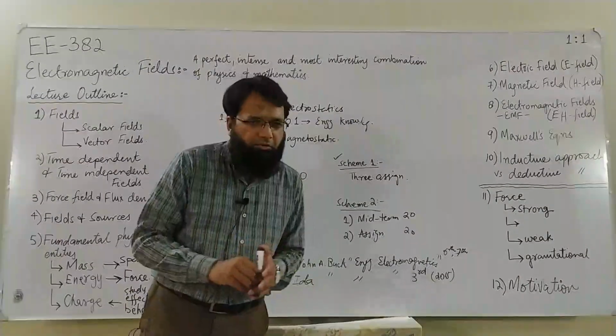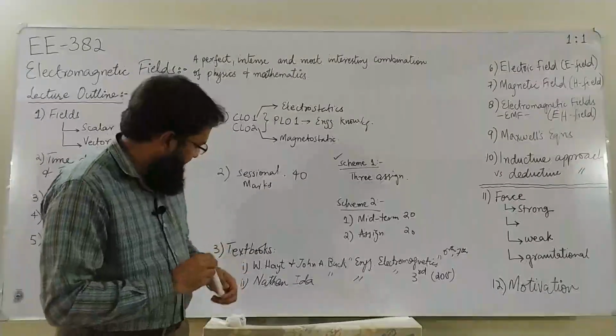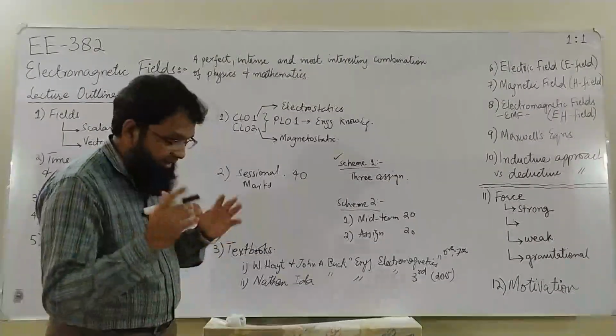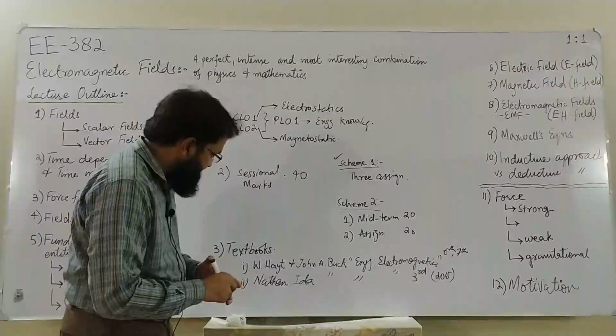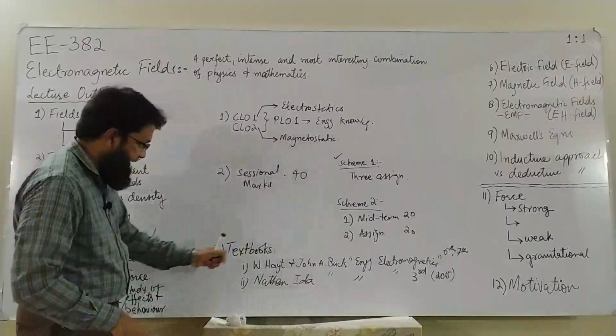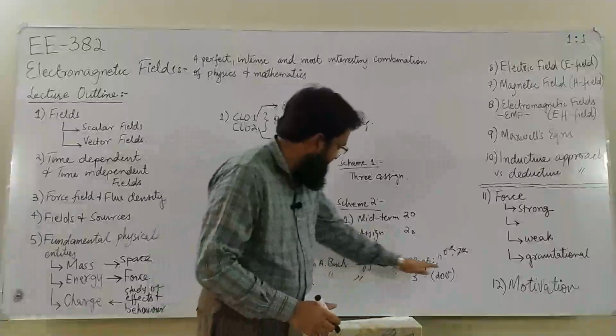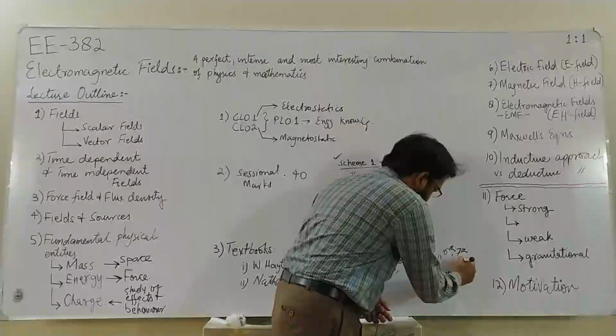So I did not find that book that convincing, at least for me. I'm not taking any credit out of it, but I did not like the style in which they presented their text in 8th edition. So I would recommend taking 7th edition if possible.